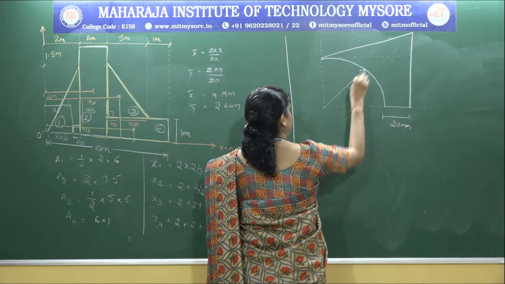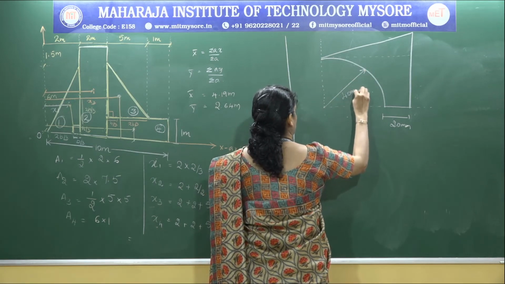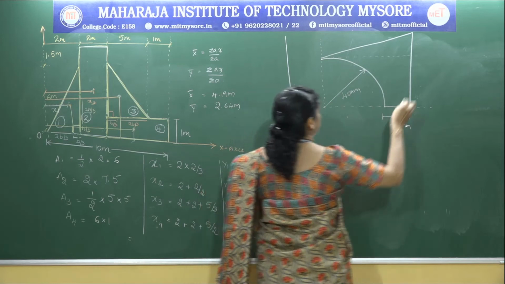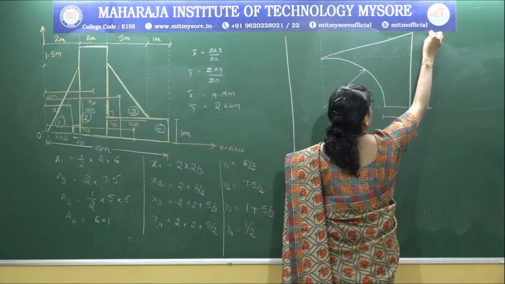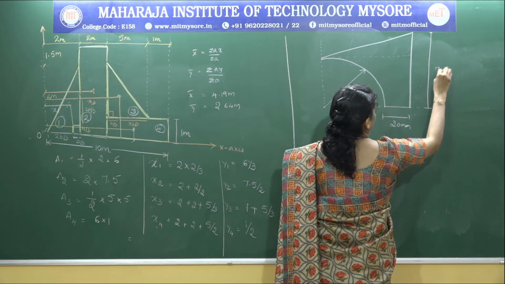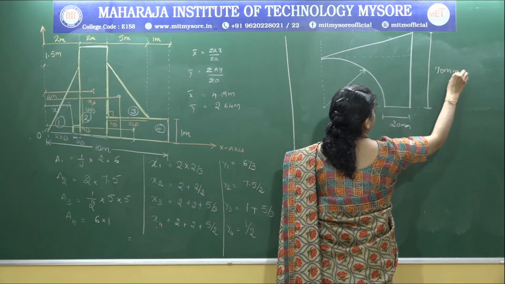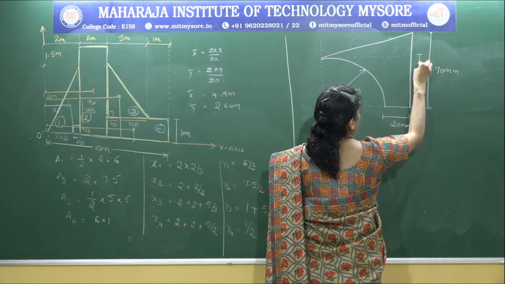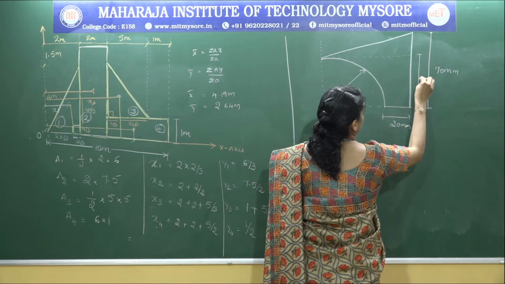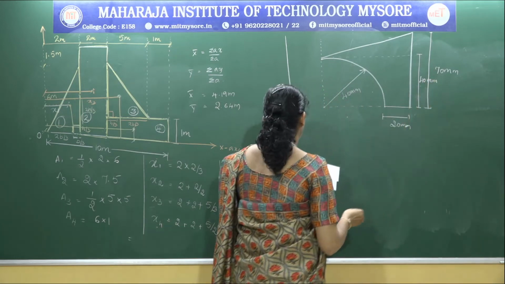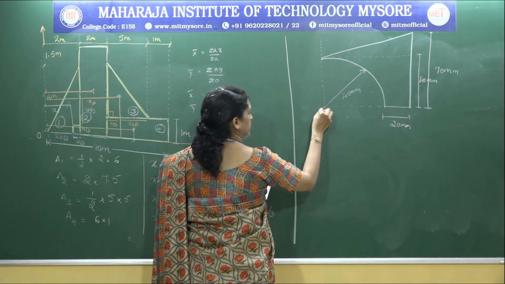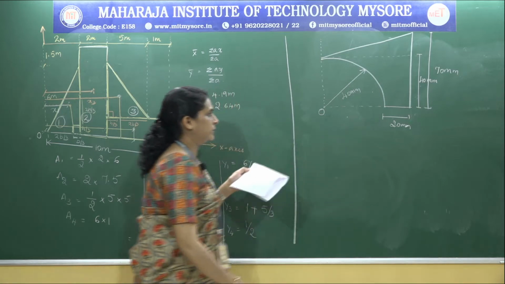The radius is 40 millimeter. The overall height is 70 millimeter. So, the height here is 40 millimeter. This is the point of origin.